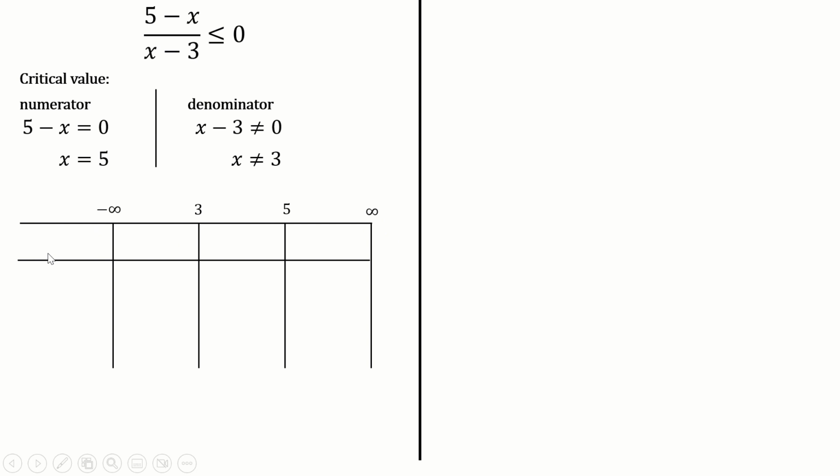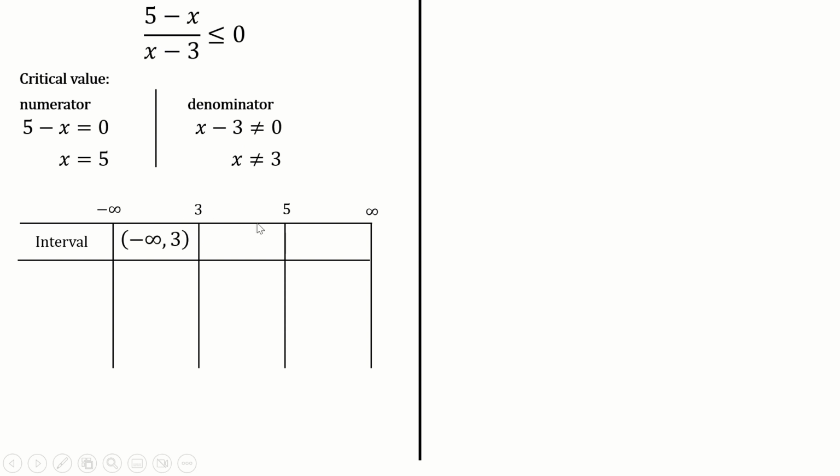For the first row, we write down the intervals. First, from negative infinity to 3. Here we use a round bracket because x is not equal to 3, so we cannot include 3 in our interval.